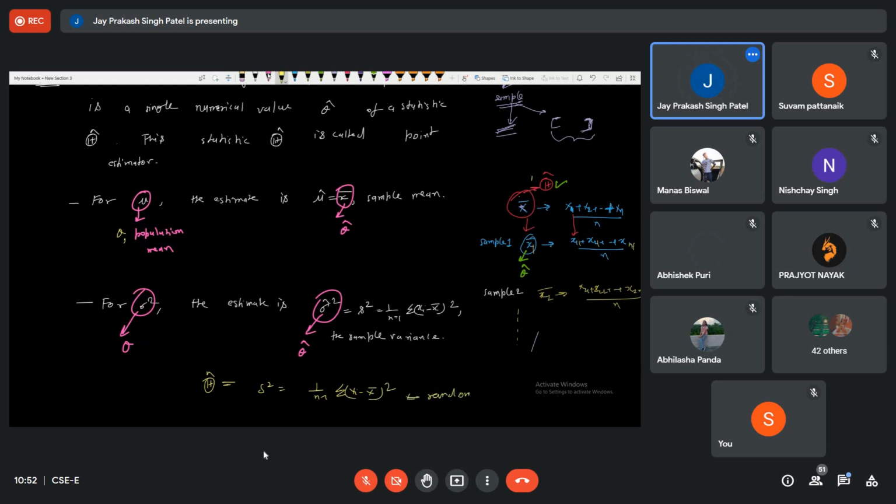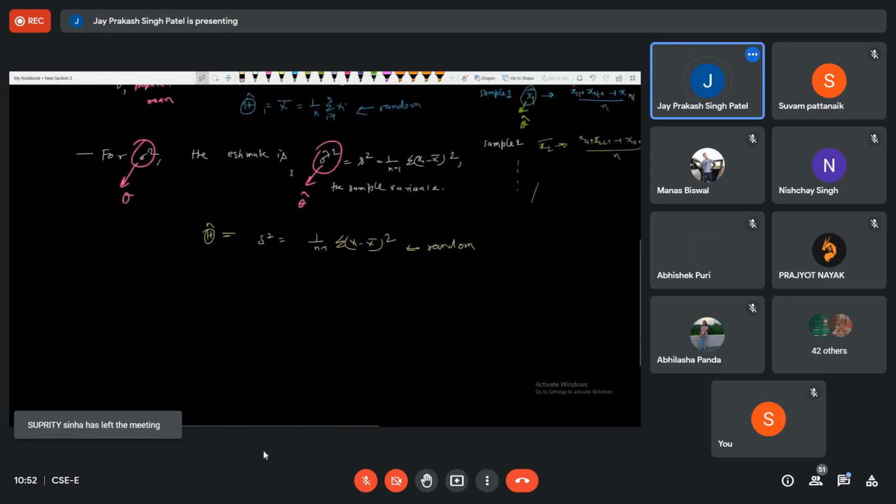Similarly, the capital x bar, which is 1 by n summation xi, i goes from 1 to n, is also random, right? And this one you can think of as a theta hat in the first case.